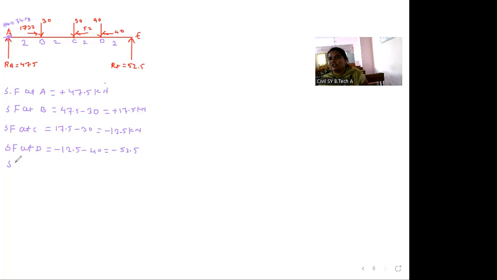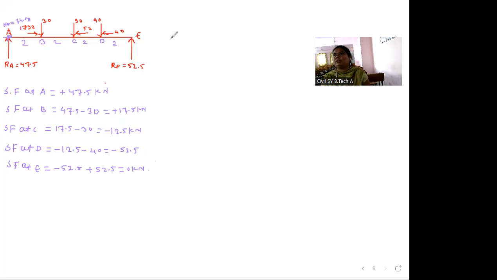And last, shear force at E is equal to minus 52.5 up to E point and at E point upward force, so plus 52.5, which is equal to 0 kilonewton. So these are the shear force calculations.